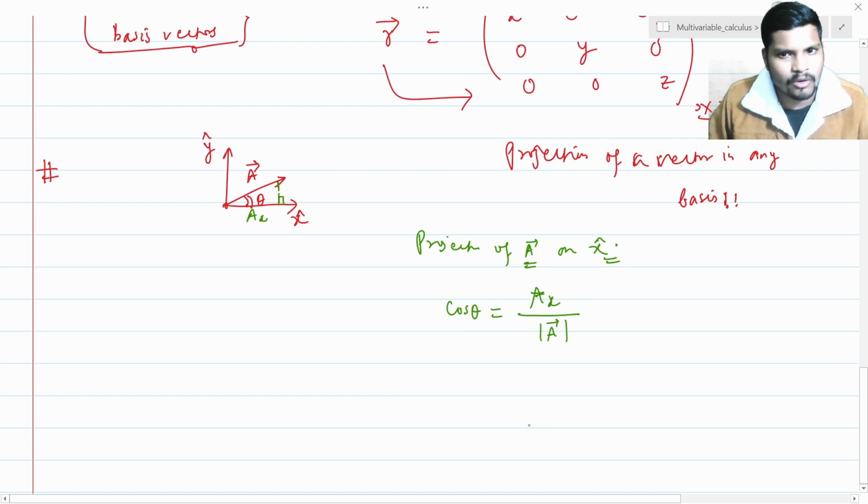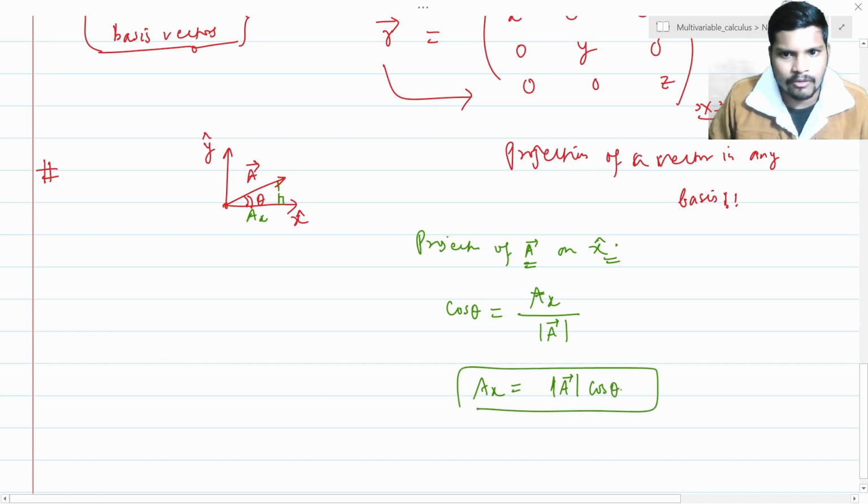So I can simply write ax would be a cos theta. So the projection of a vector on x hat would be the magnitude of a times x hat, or you can just say a vector dot x hat.